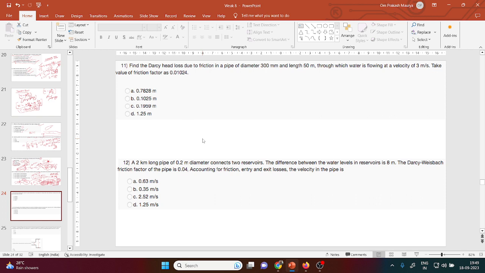In this question it is not stated, but you always consider 3 meter per second as the average velocity in the pipe, given after the flow is fully developed. Take the friction factor as 0.024. Based on that, calculate the answer and tell how much.